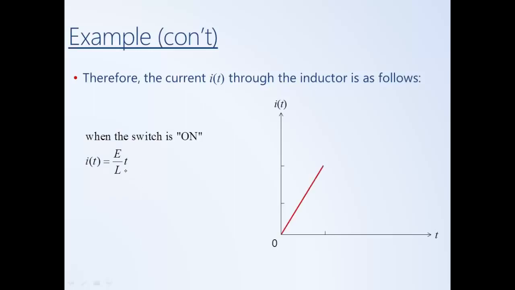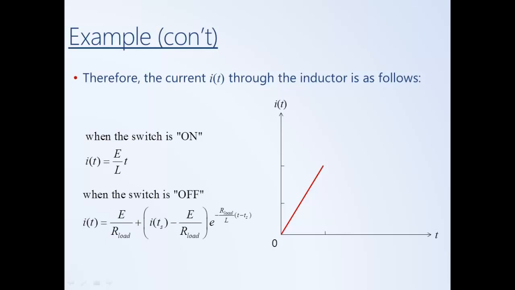It increases basically with a slope of E over L. Once the switch is turned off, the current behaves according to this equation, where this is the current, on the previous slide this was called I0, but in essence this is the current at the point at which the switch is opened. So when the switch is closed, the current increases, and then once the switch is opened, the current behaves according to this equation, where it will decay.